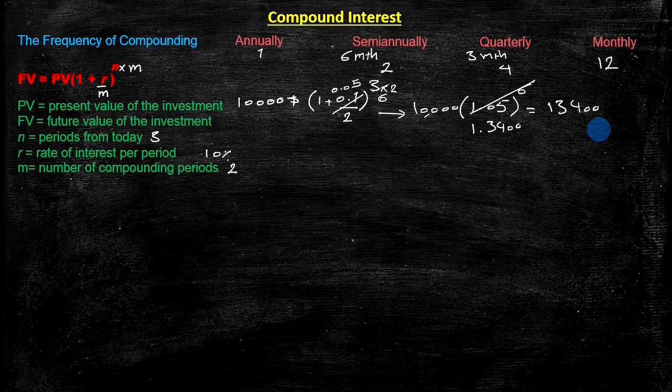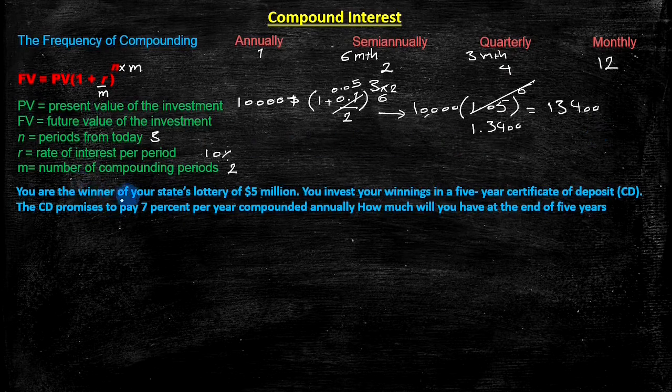Let's do another example. Let's say you are the winner of your state lotteries of $5 million. You invest your winnings in a 5-year certificate of deposit or CD. The CD promises to pay 7% per year compounded annually. How much will you have at the end of 5 years?